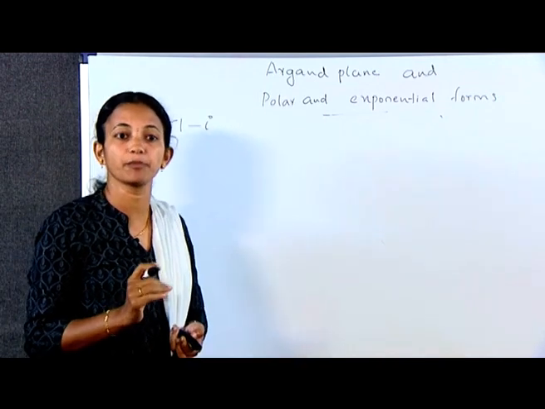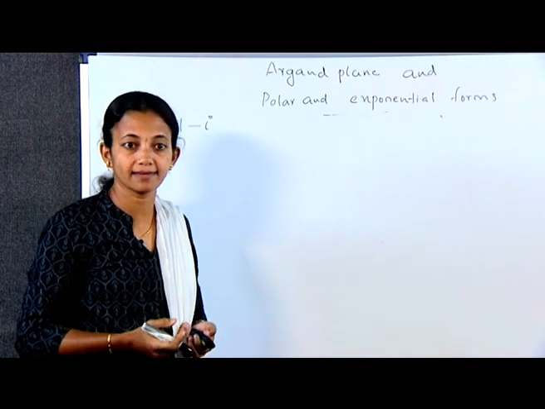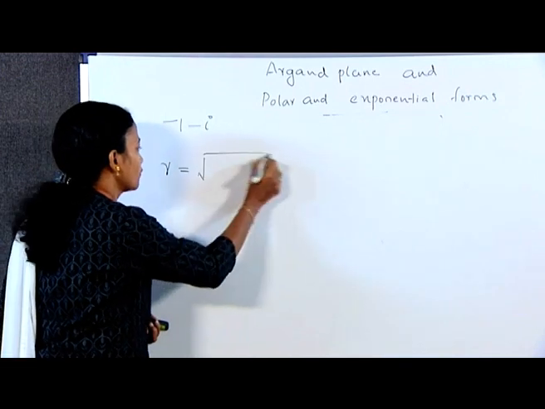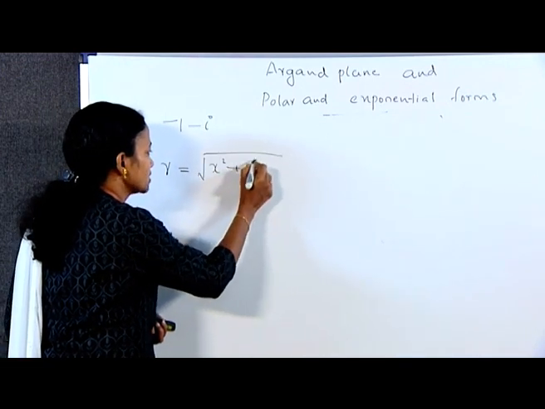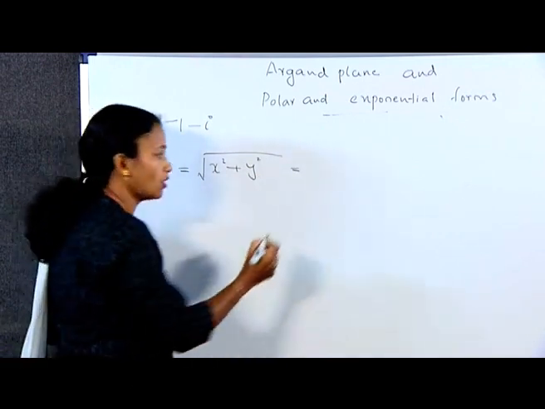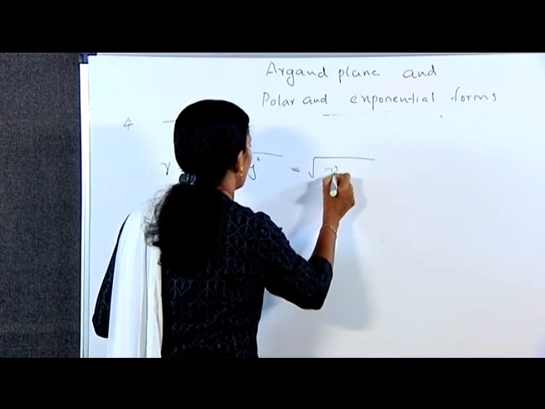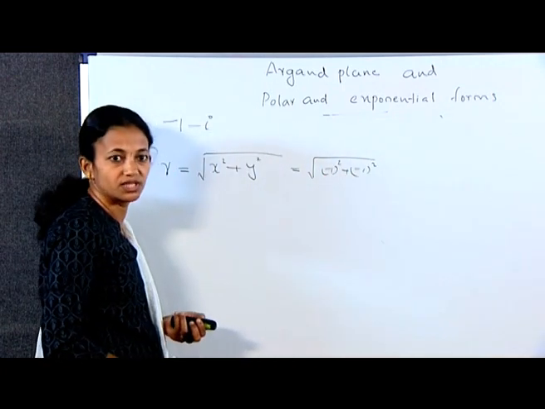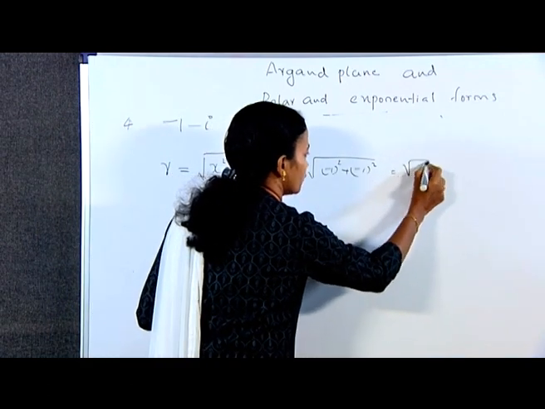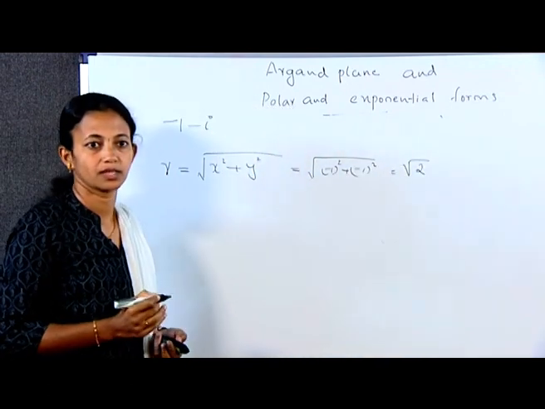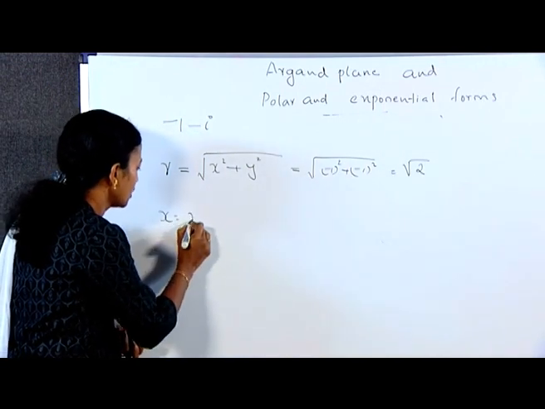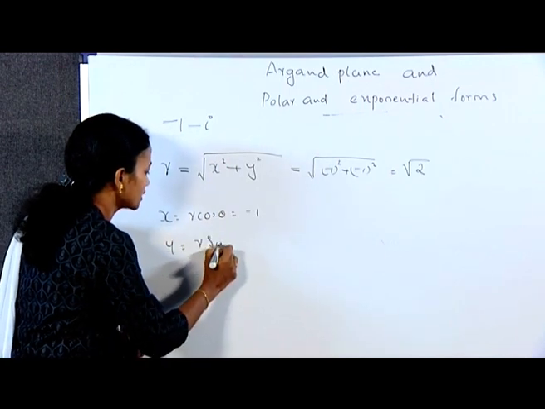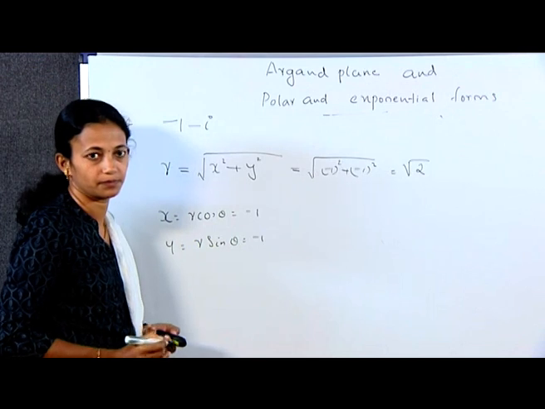For the point minus 1 minus i, the modulus or length is r equal to square root of x square plus y square, which is equal to square root of minus 1 square plus minus 1 square, which is equal to square root of 2. That is, x is equal to r cos theta is equal to minus 1, y is equal to r sin theta is equal to minus 1.